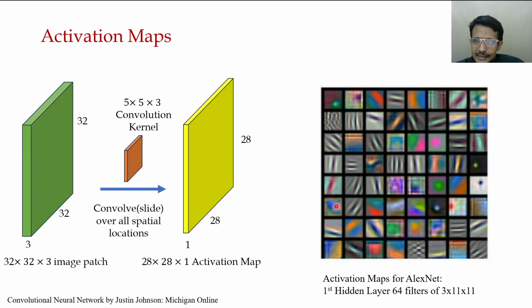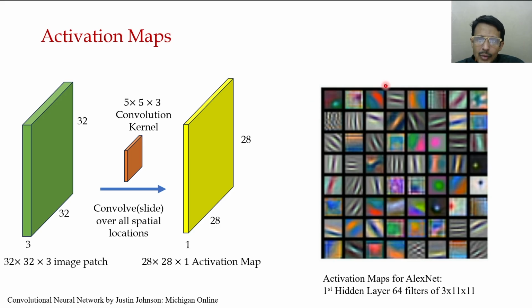If you visualize the output, or the activation maps, of the first hidden layer for this AlexNet, the 64 filter kernels being used have dimension 3 × 11 × 11.